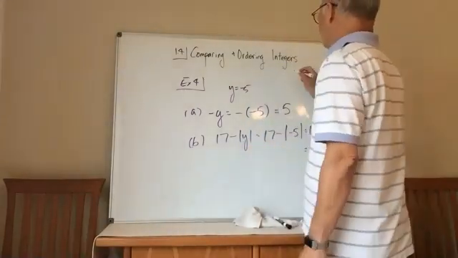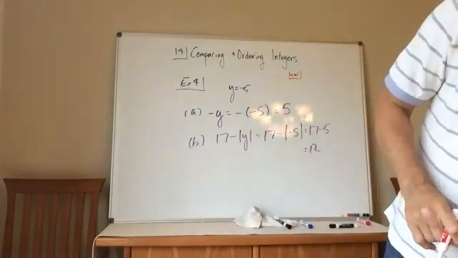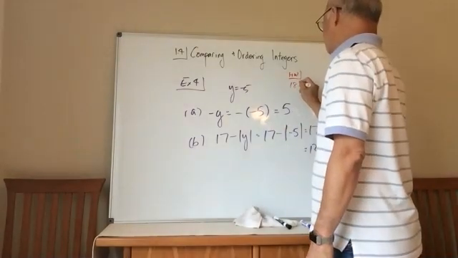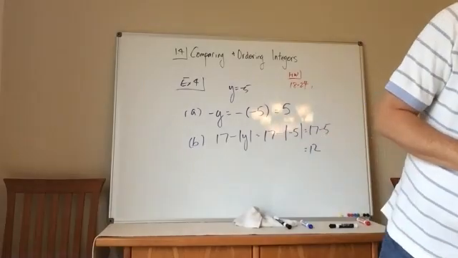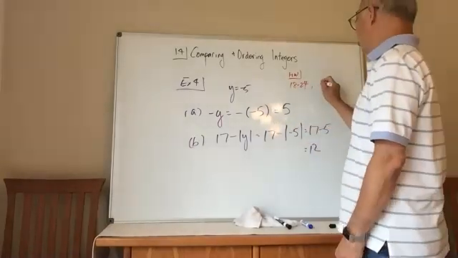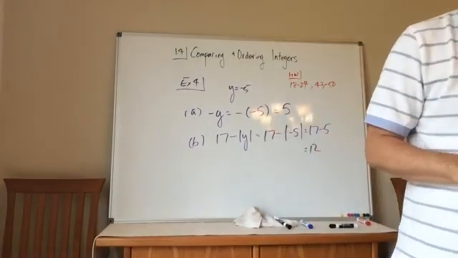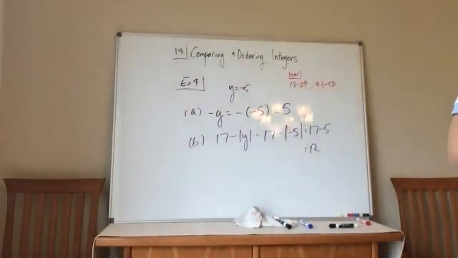Your homework for this section is 18 through 24. This is all of them, right? Because there's nothing on there, even or anything like that. And then 43 through 50. Okay, and this will be due by Thursday. Okay, so let's start working on that.